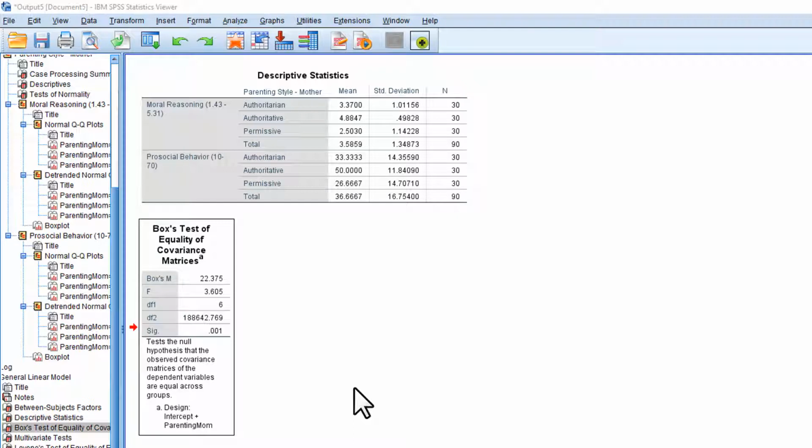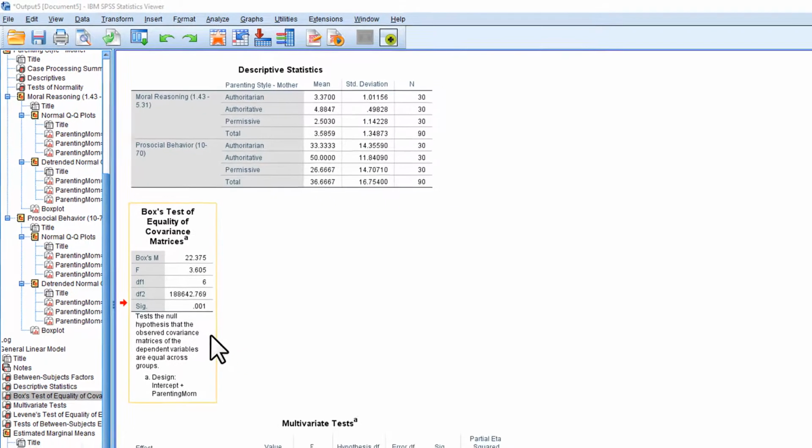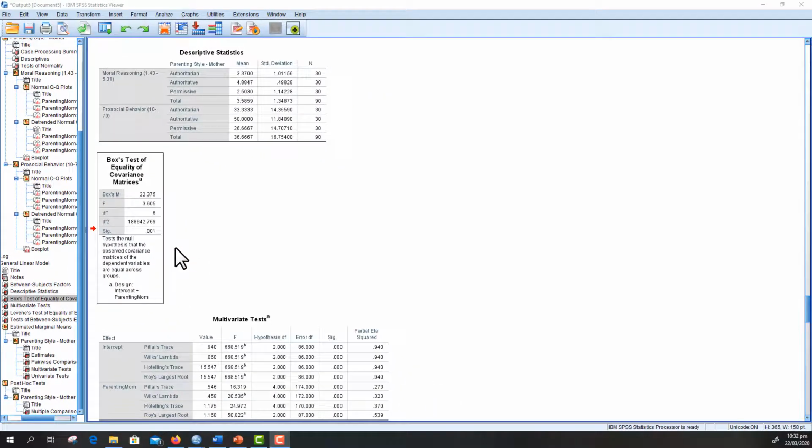That means values that are equal to or less than 0.001 are considered as statistically significant, which in our example here shows that yes, it seems like our variances and covariances are significantly different from each other.